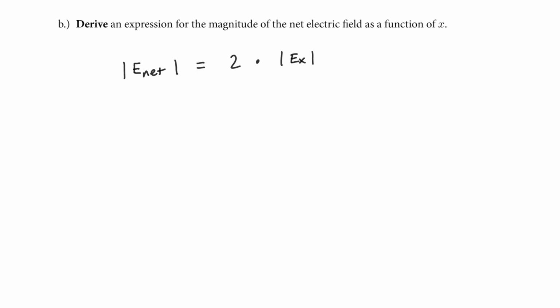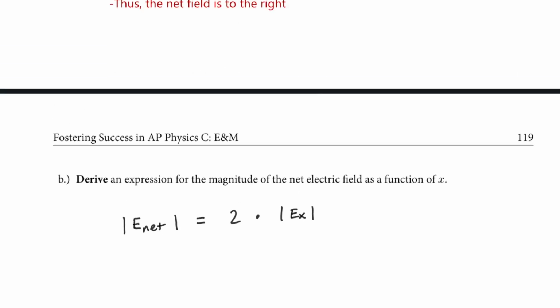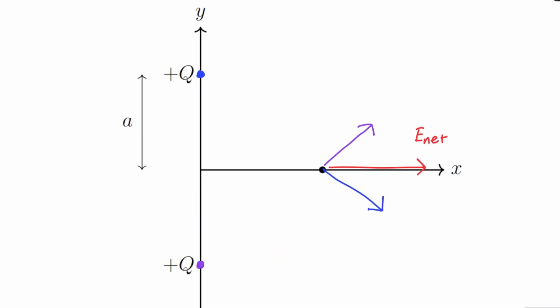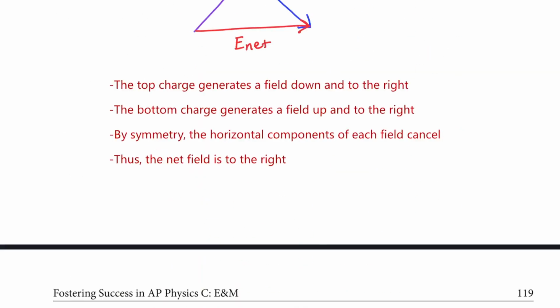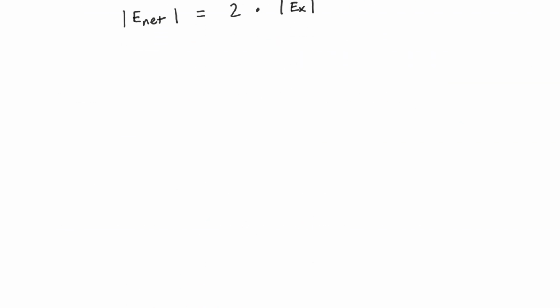So what this allows us to do is, let's actually draw ourselves out a little triangle here, because we're given a distance x along the axis. If I just draw one of my charges, I get this as my triangle.